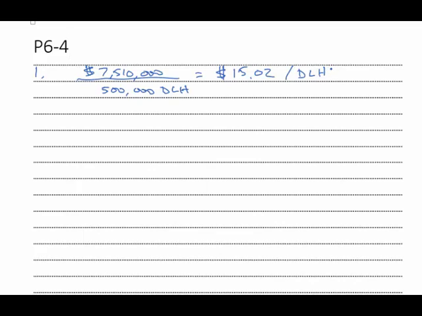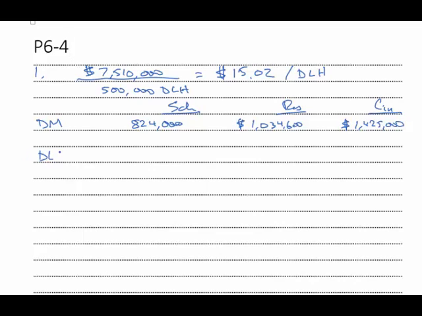So we've then got direct materials, and we're going to do school, residential, and cinema. Direct materials, we're told, $824,000 for school, $1,034,600 for residential, and cinema, $1,425,000.